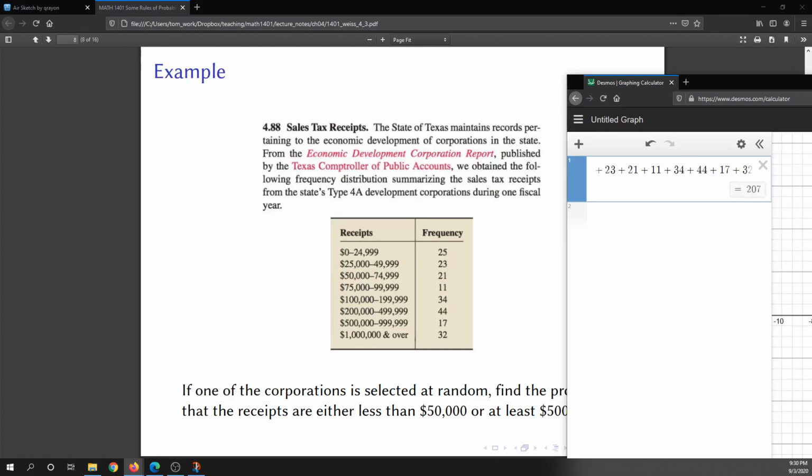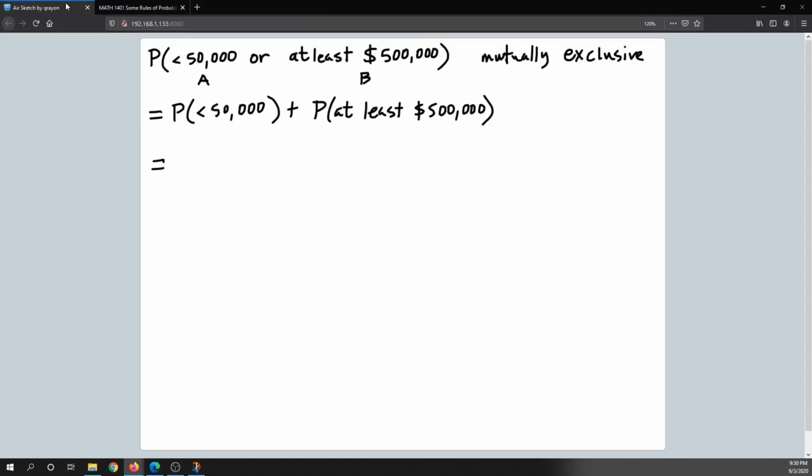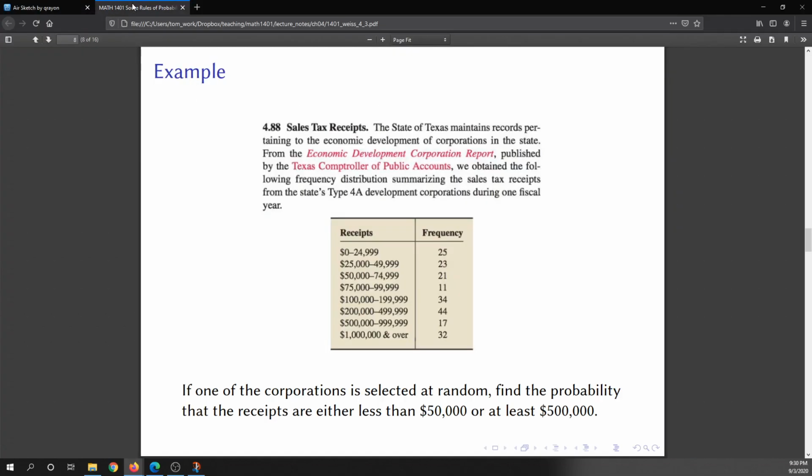So I get 207 on that one. So that means that I'm going to have something over 207 here plus something over 207 here. All right, so let's go with less than 50,000.